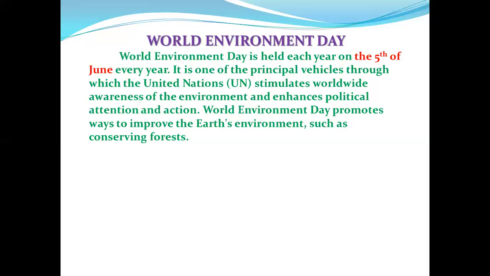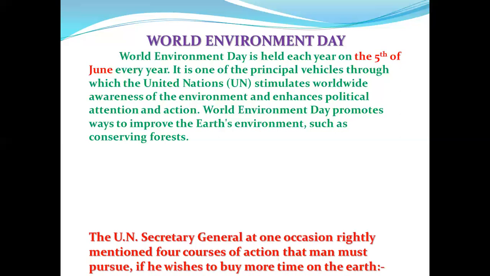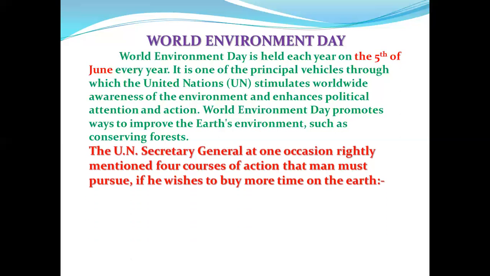So, it is the need of the time. We must plant maximum trees so that we can clean our environment and enjoy our life. If you want to live on Earth, the UN Secretary General on one occasion rightly mentioned four courses of action that man must pursue if he wishes to buy more time on the earth.